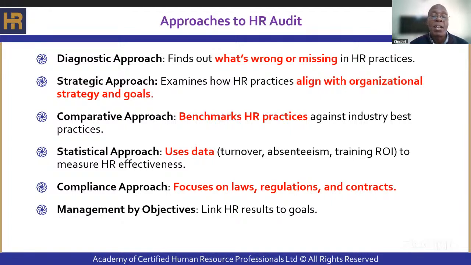Two, the cost of bonuses. How much bonuses are given within a year? Three, we can measure the ratio of compensation between male employees and female employees. Ratio, that is a statistical measure.